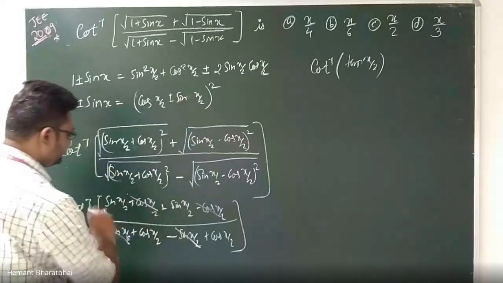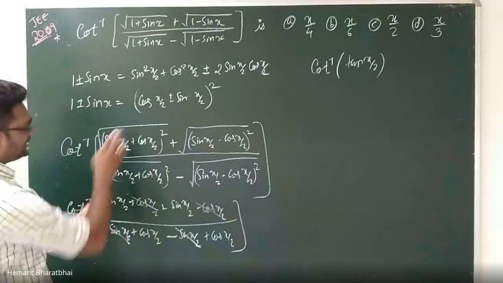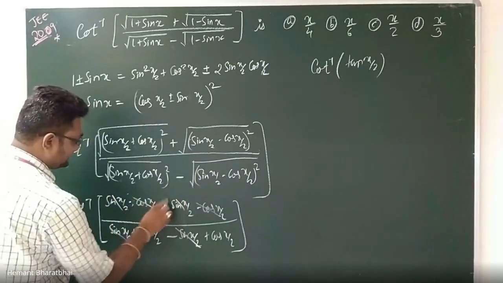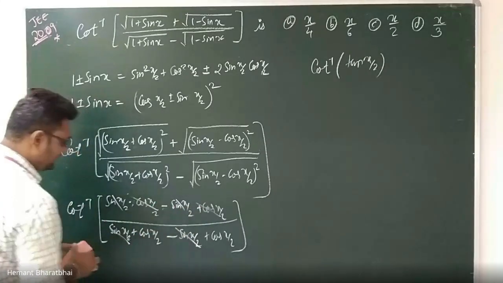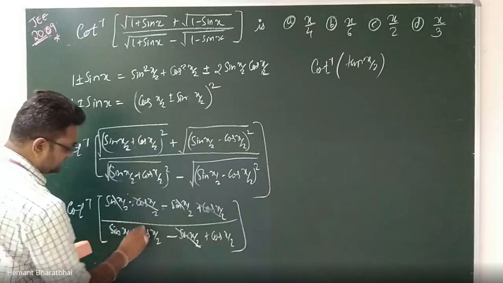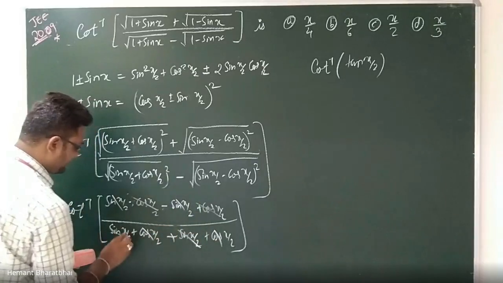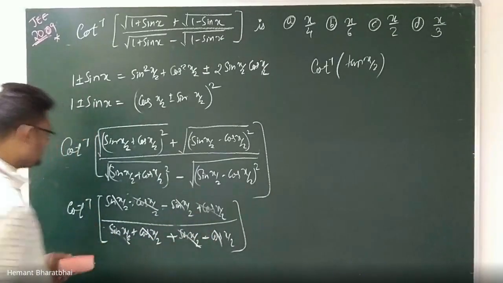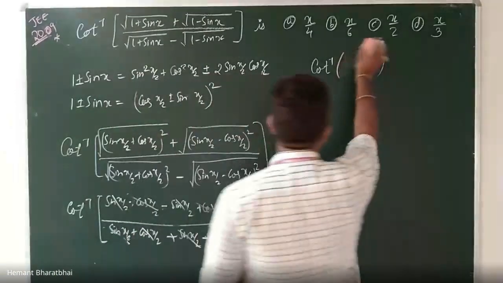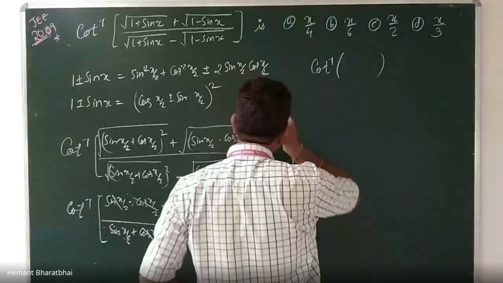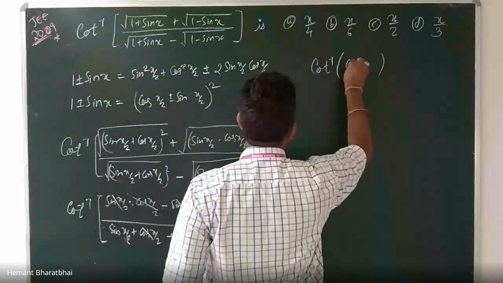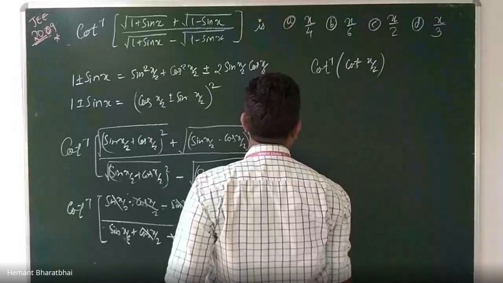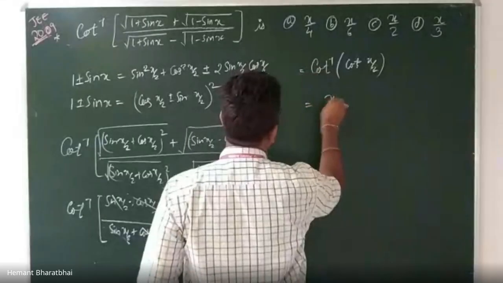If I write it like this, then here my sin will get cancelled and here my cos will get cancelled. So instead of tan x by 2, if I write cos x by 2 minus sin x by 2, then I'll get cos of x by 2.